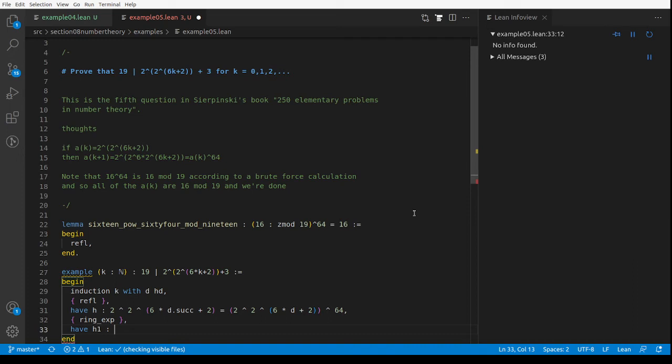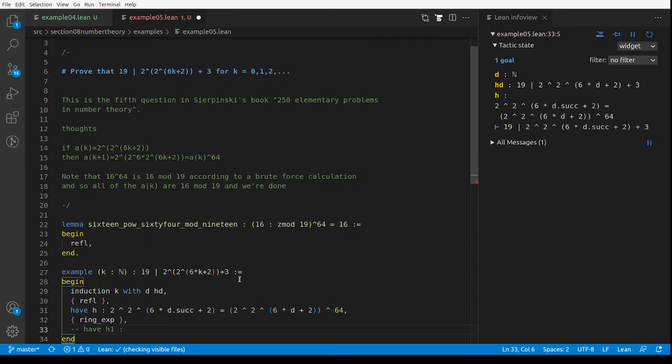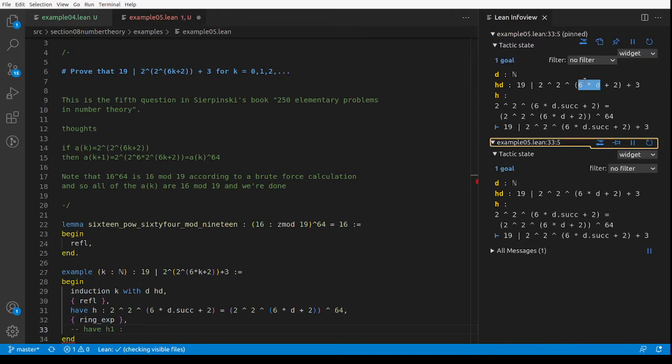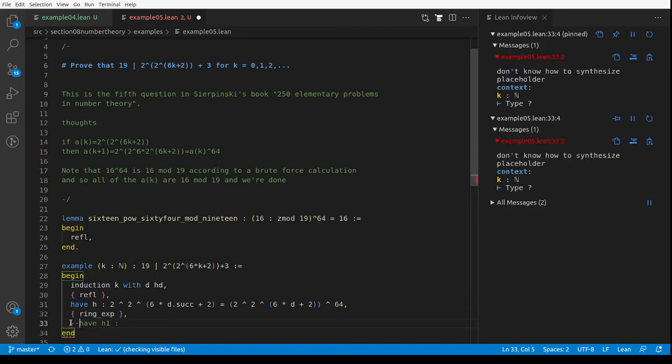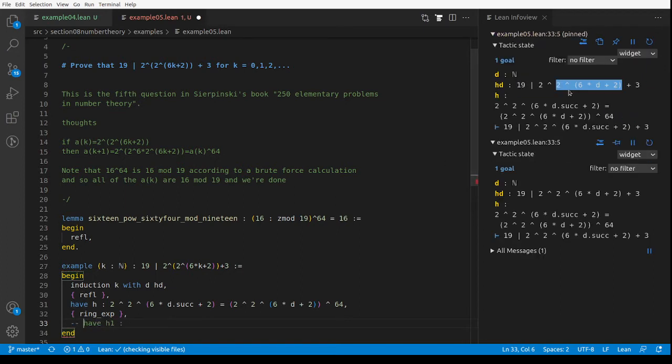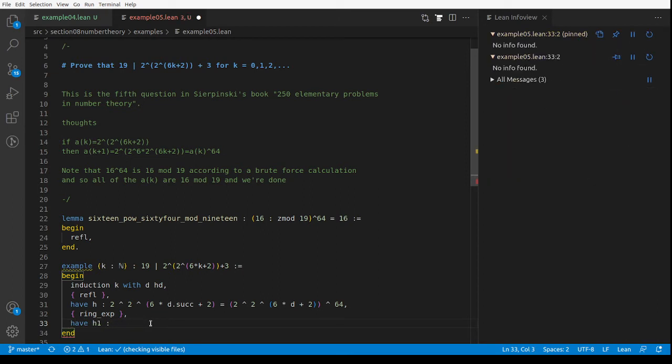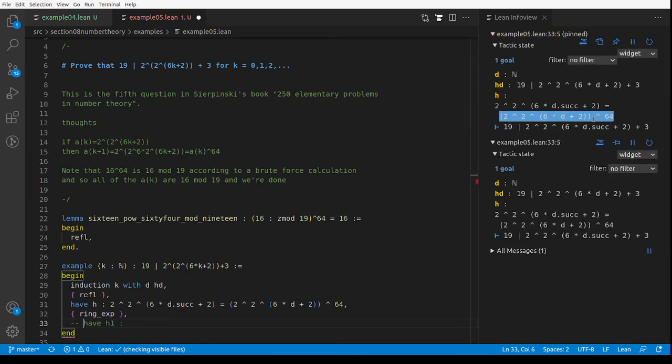I wonder if I can do... Oh, don't you hate it when Lean does that? Yeah, let's pin it. Have h1. Oh, where's my pin? Oh, there's my pin. Huh. No, hard luck. I want to get this working. Let's unpin it then.